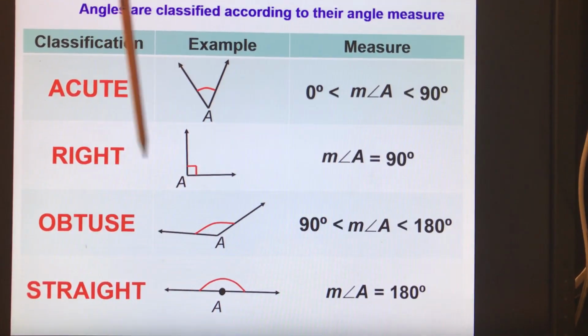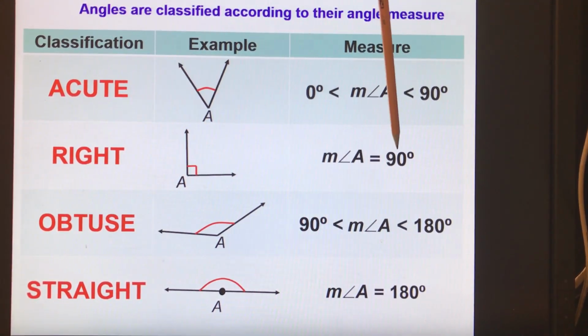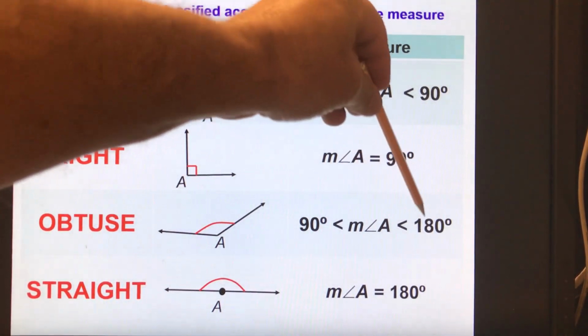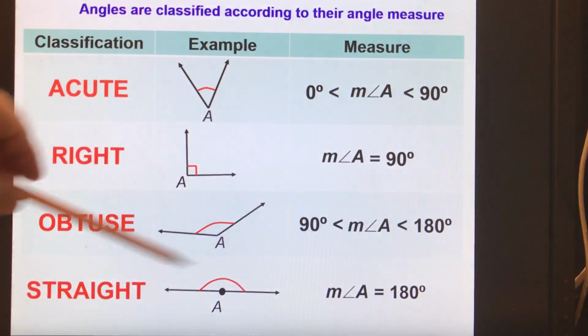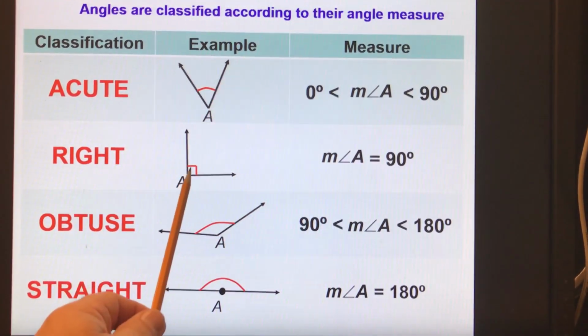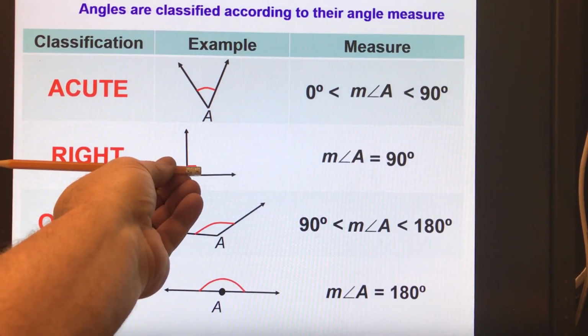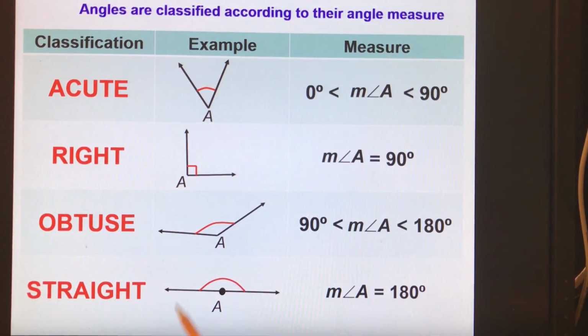The right has this little square in the corner. That means it must equal 90. Obtuse has to be less than 180, and straight will equal 180. It doubles the 90. It's like turning that all the way to the left, creating a straight line, 180. Okay.